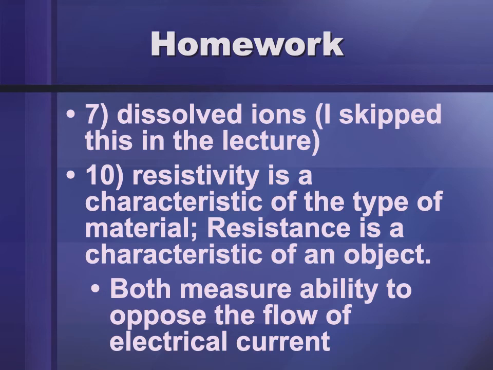It's kind of like specific heat is resistivity, and heat capacity would be resistance, if that helps you. But they're both measuring the ability to oppose the flow of electric current, which comes out of the word resistance.